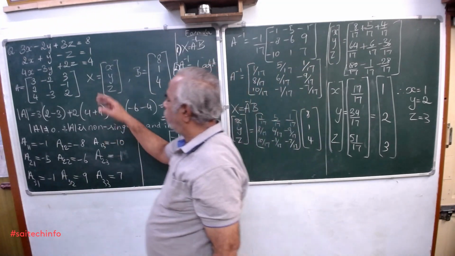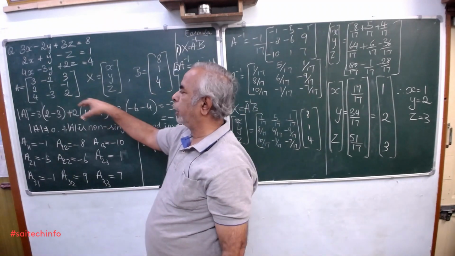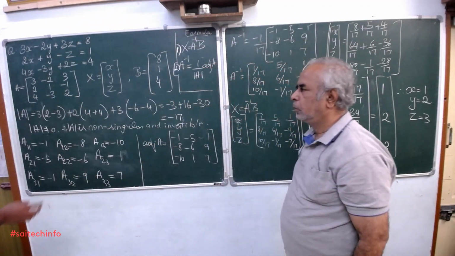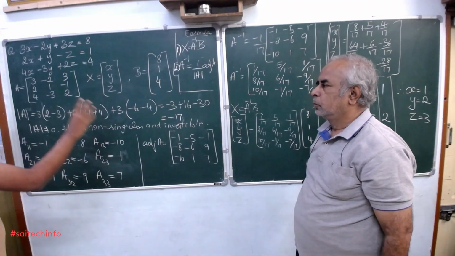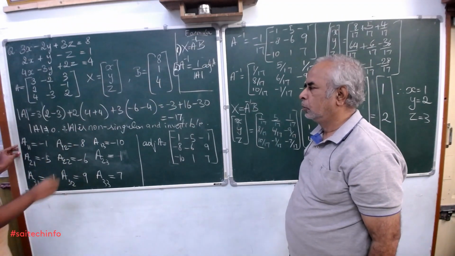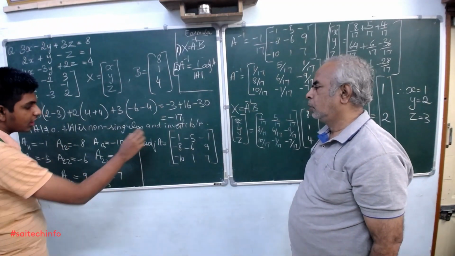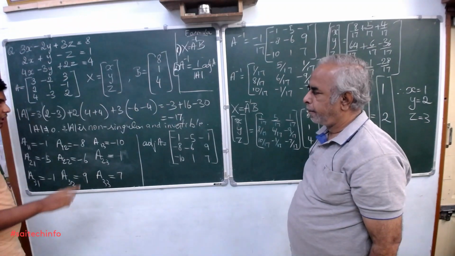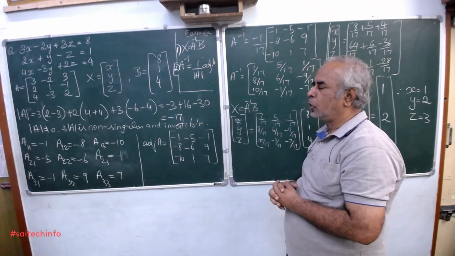Before proceeding with the adjoint, what are we supposed to do? We have to find the determinant of matrix A, and then find the cofactors of matrix A. Then we transpose the cofactors to get the adjoint of A. Transposing means interchanging the rows and columns.